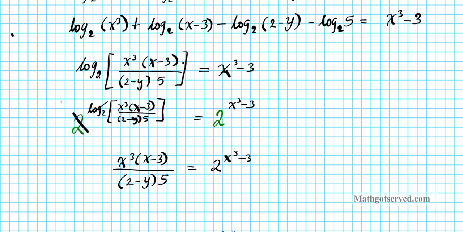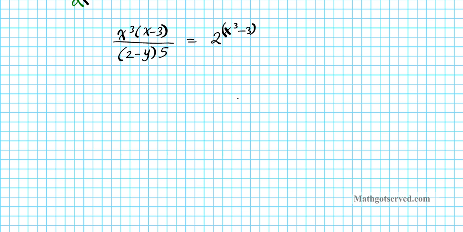Okay, so this is basically like the exponent of the 2 right there. All right, so now what we're going to do next, we can cross multiply, and then that's going to yield x to the third times x minus 3 equals 2 raised to the x to the third minus 3, that times 2 minus y times 5.